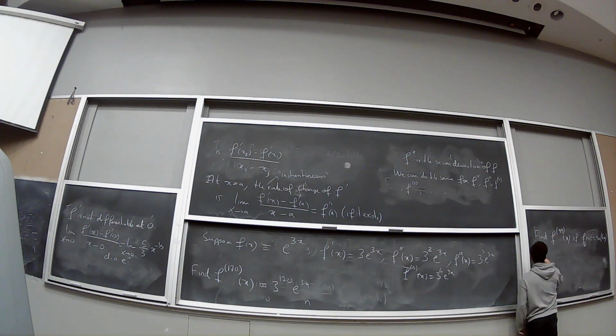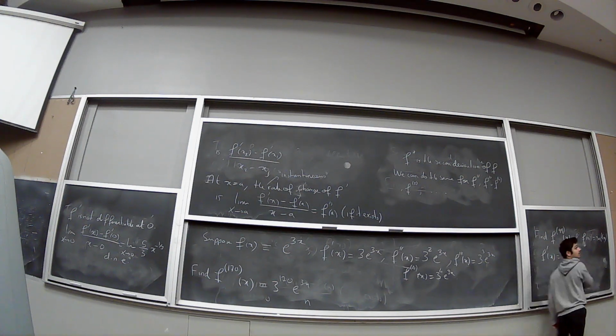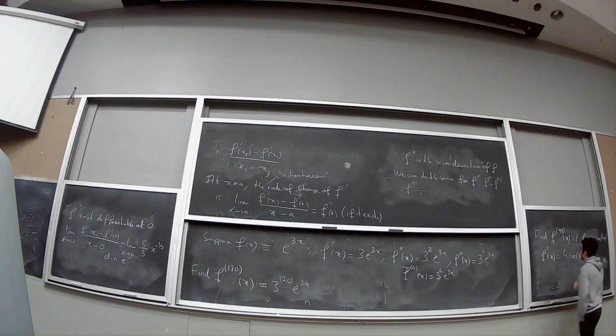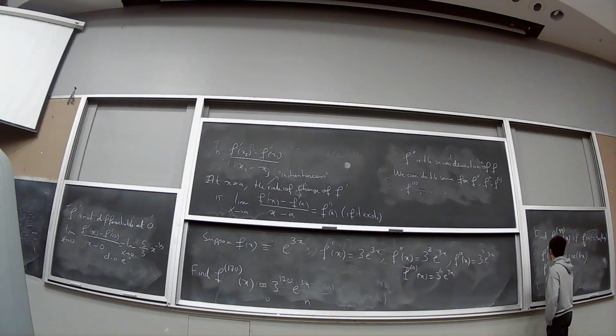Who can help me in differentiating f the first time? Someone who hasn't spoken today, preferably. Yeah? 4 cosine 4x. Thank you. Let's differentiate twice. I don't want you to try to change the 4.